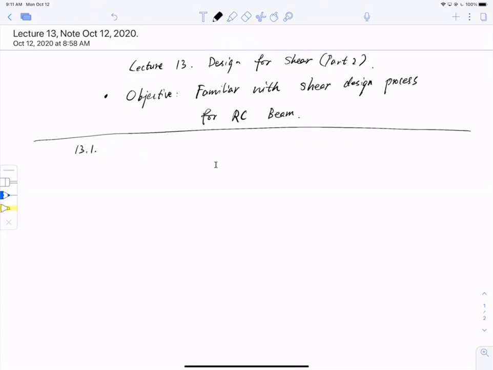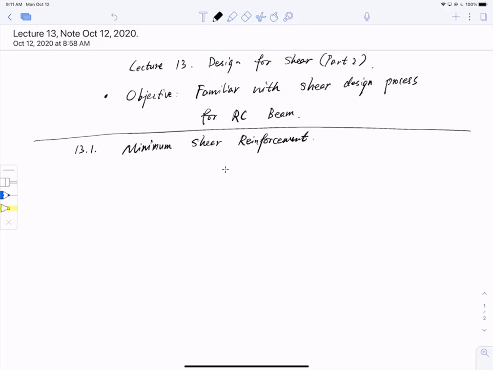First of all, 13.1, there's a minimum shear reinforcement. Right? So just like we had for the flexure, there's a minimum flexure reinforcement. There's also a minimum shear reinforcement.